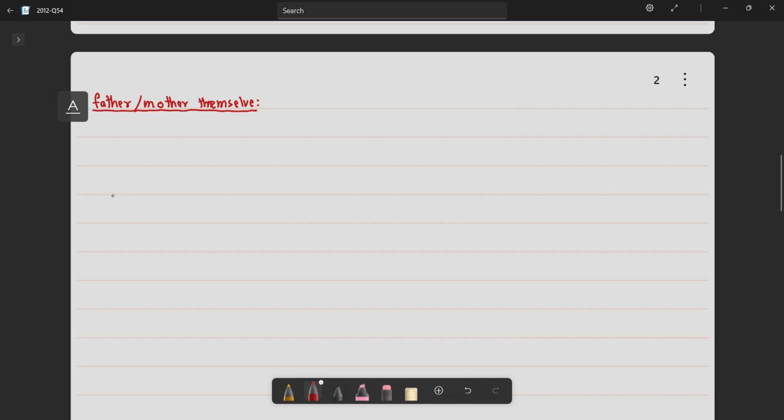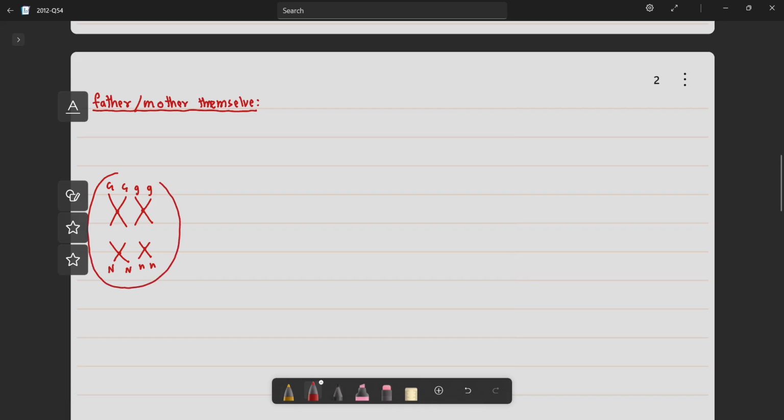Now for the first example, these are the chromosomes I'm drawing here, the X shapes. The first pair is G and small g, as I've explained before, and these are the other homologous pair, N and N. This is the second pair and this is the first pair. Now this is a parent cell.